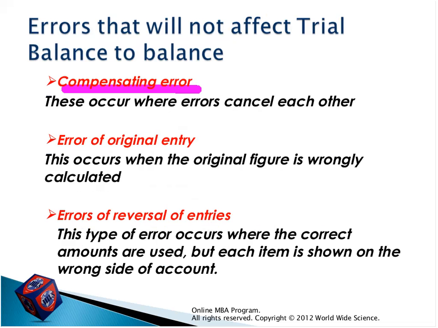Another one is the error of original entry. This occurs when the original figure is wrongly calculated. For example, we are paying some commissions to the bank, and our calculation was wrong. We have to pay 1,000, but I calculated that I have to pay only 800.